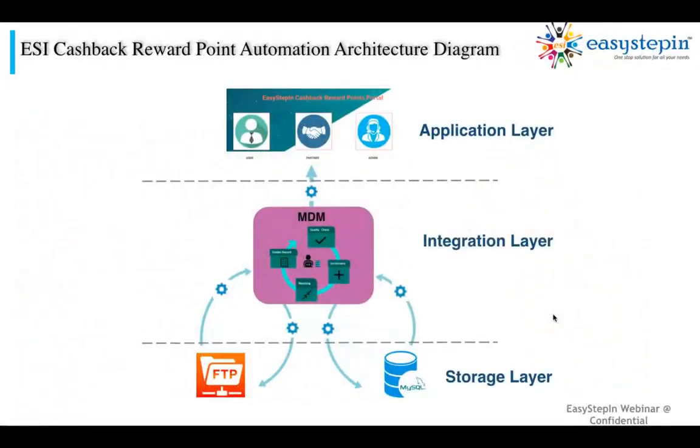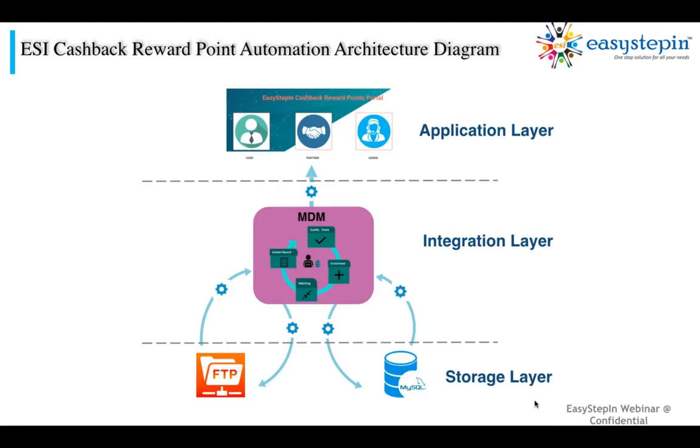So we have proposed our unified solution using Boomi. Talking about the architecture diagram, we have FTP for transferring the files and a database for data storage. Boomi is our integration layer, where we have Boomi integration processes to move the data or file information from FTP to MDM and from MDM to the database, and also vice versa. MDM is where we validate the transaction data in a series of steps and store it into the database by assigning reward points.